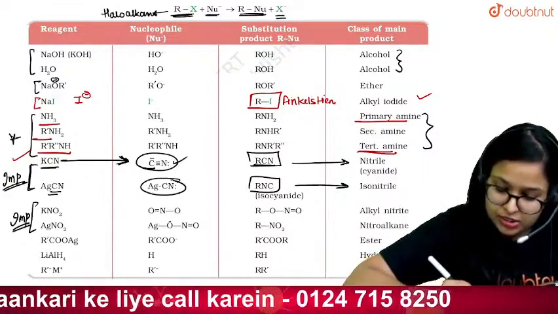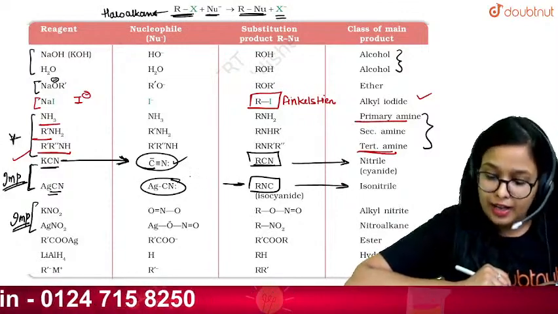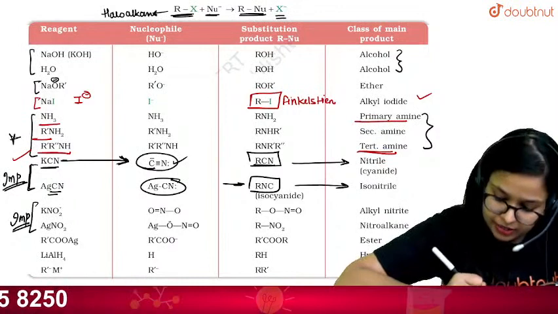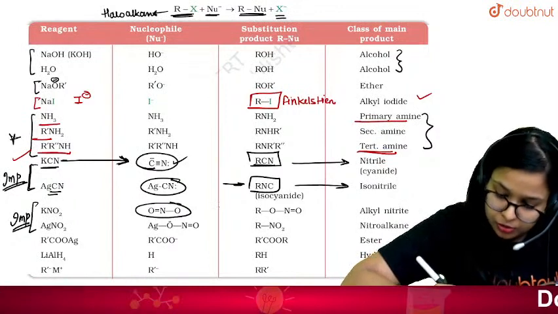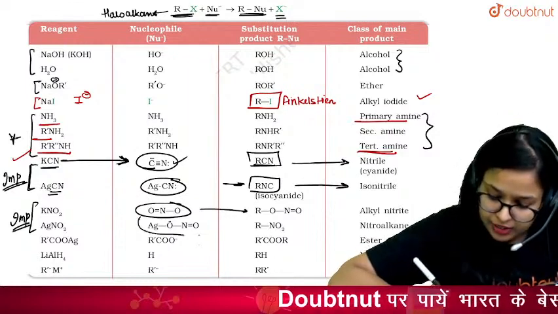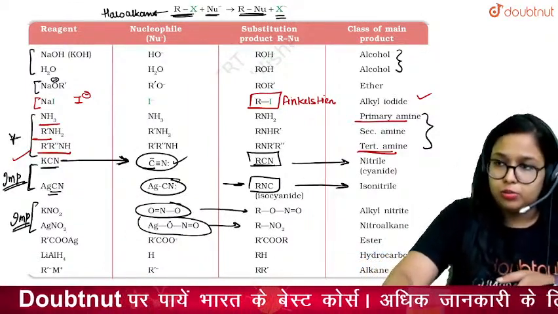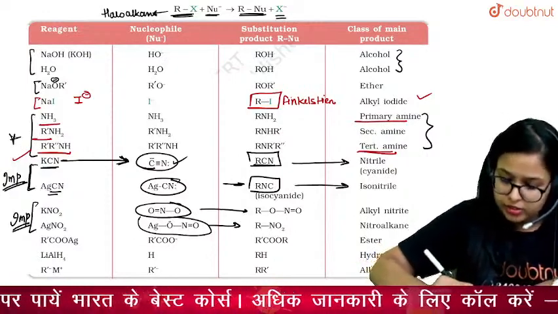If we take AgCN, a new product is formed, but the bond is formed between R and nitrogen. If I take KNO2, the bond formed is between R and oxygen. If I take AgNO2, the bond is formed between R and NO2. We'll understand this in quite detail.